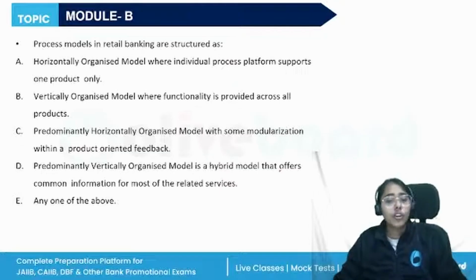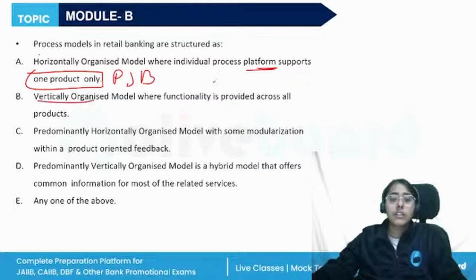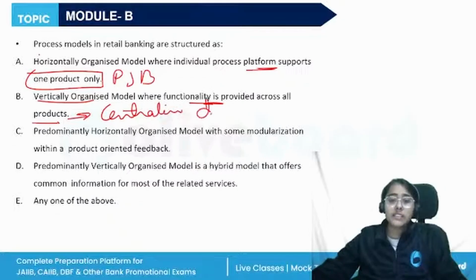We have the horizontally organized model, where the individual process platform supports one product only, used by the public sector banks. Then the vertically organized model, where functionality is provided across all the products. So there is a centralized database in which customer integration is there.